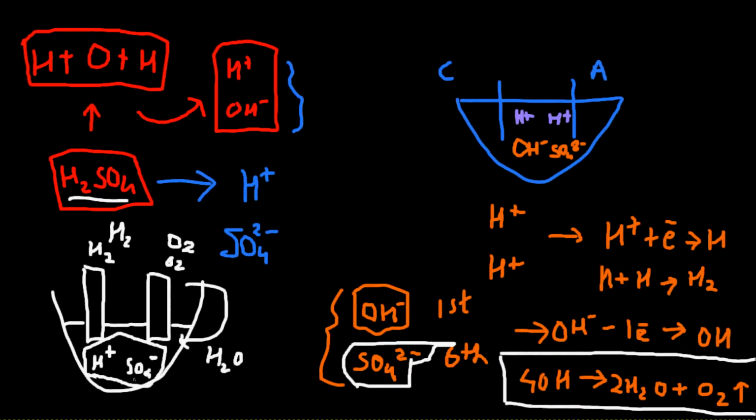And also keep in mind that the H plus that hasn't been discharged is just half the total number. So if you look at it, you're back to this really. You had H plus over here, you had SO4 2 minus over here, and the same thing's happening here, except you're reversing this and forming back the H2SO4. So what's happening is that the total amount, the total weight of H2SO4 throughout the whole electrolysis remains constant.